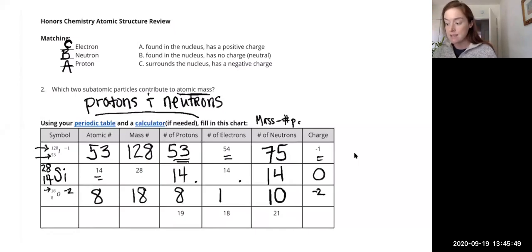So there must be 10 negatively charged electrons because it's 2 more than the positive parts. So if it helps you to think about it, for calculating charge, you can do protons minus electrons. Is 8 minus 10 -2? Yes. All right, you guys are rocking and rolling.